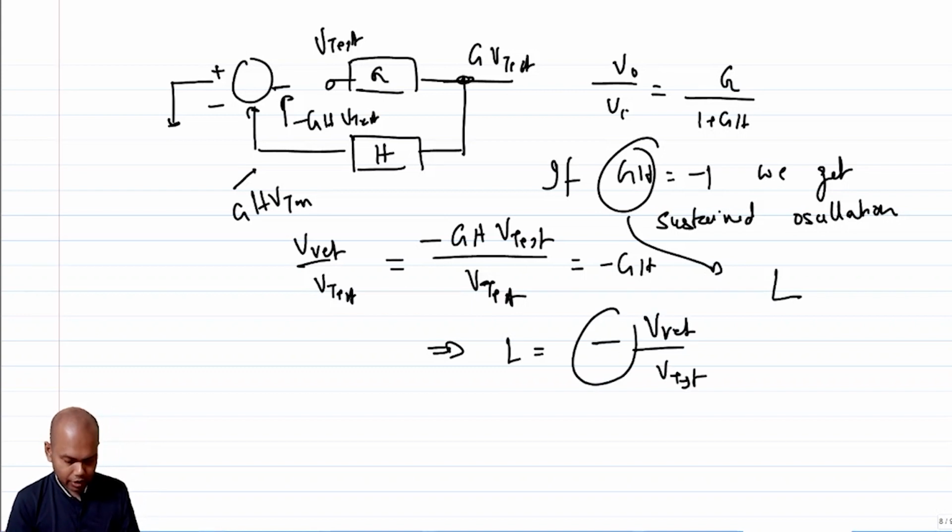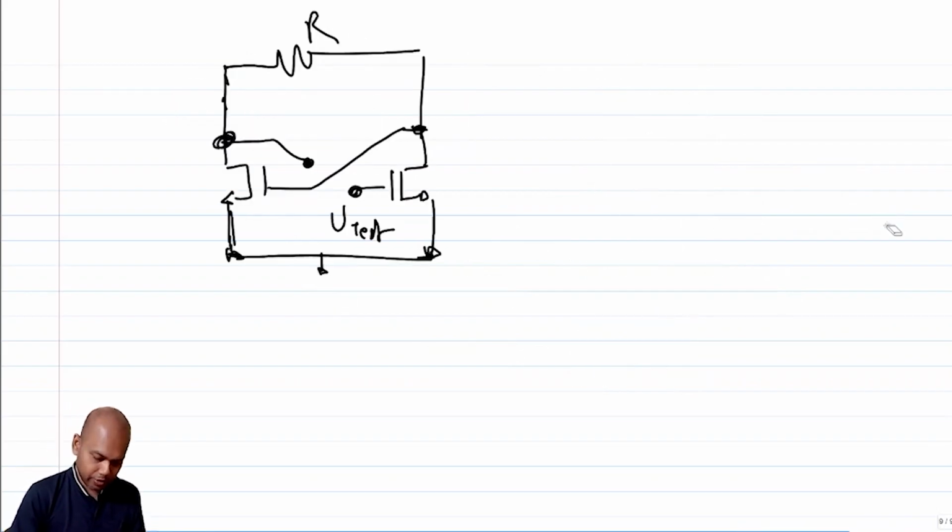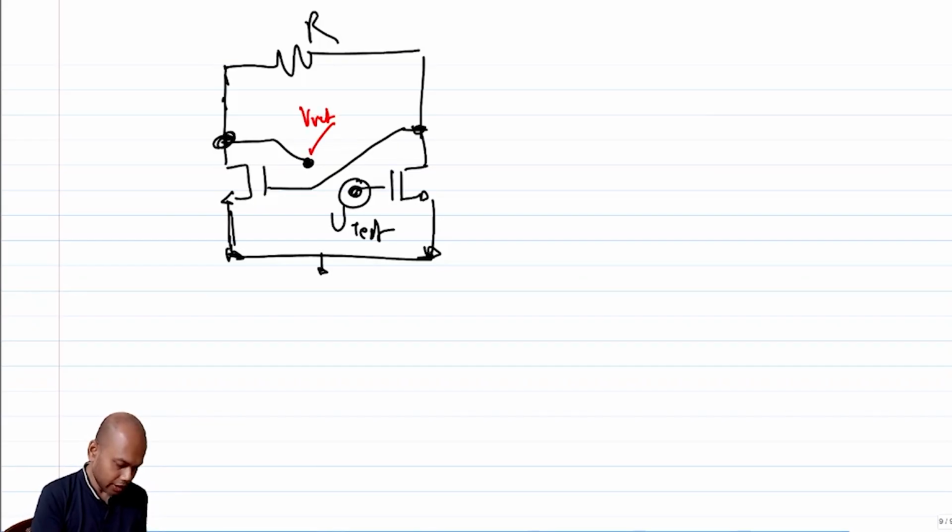So this negative sign is important, otherwise you're going to get all sorts of weird behavior. So let's return to our topology. We have applied an incremental voltage V test here, and we would like to see the return voltage here, right? Okay.